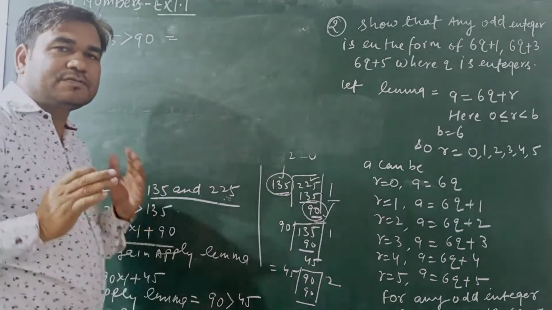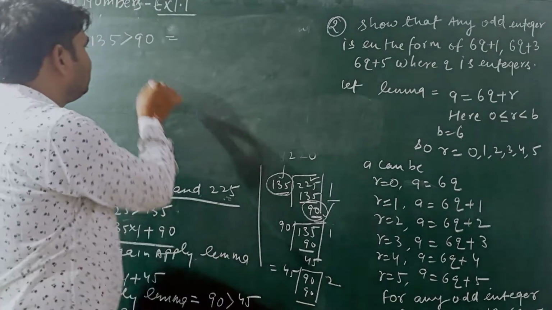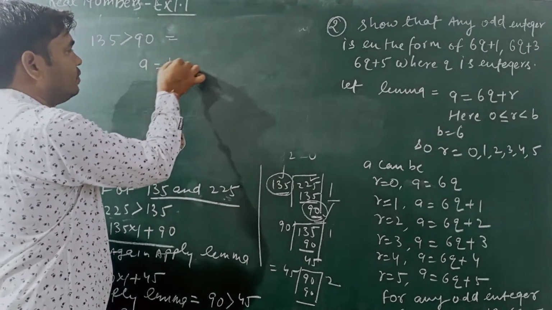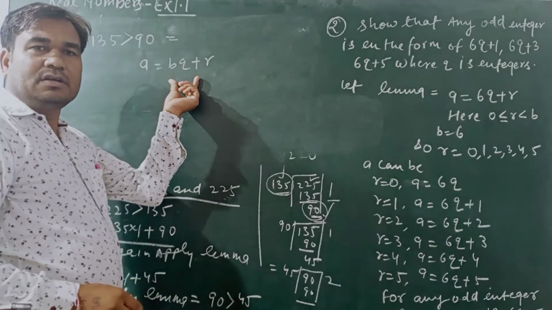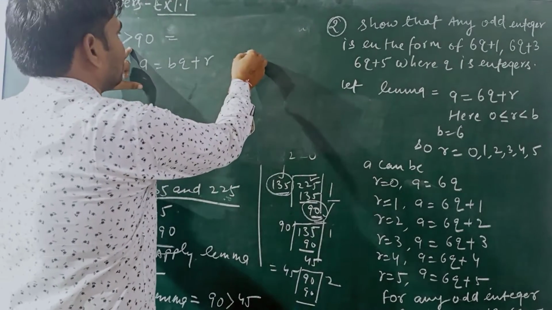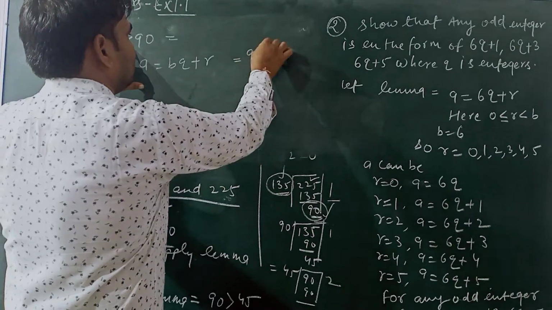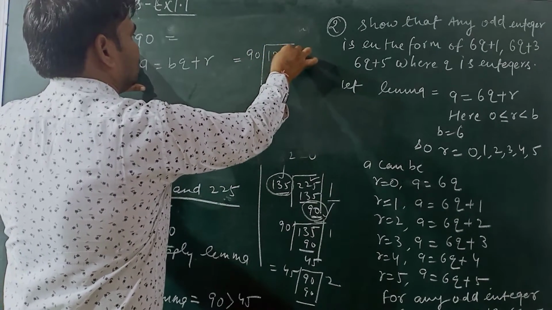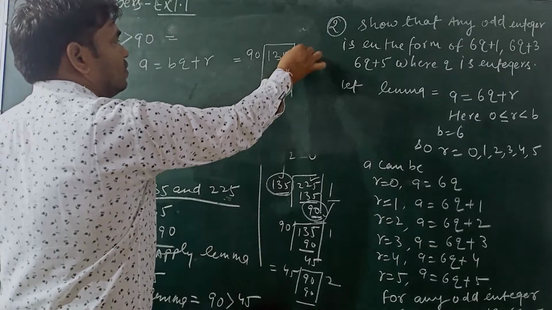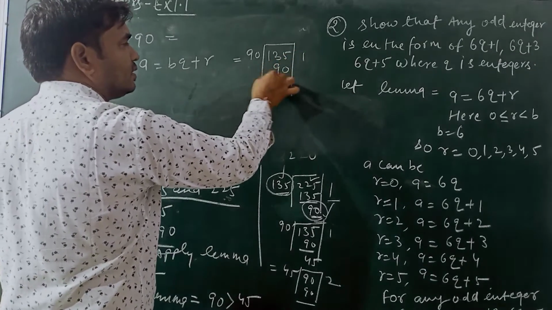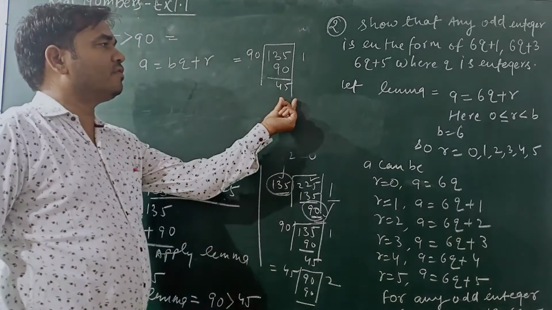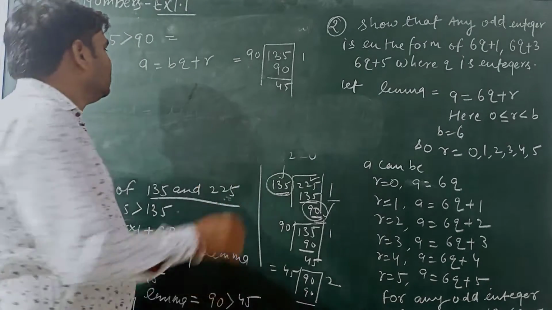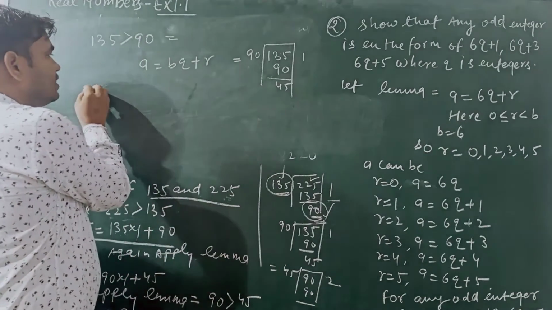We have to satisfy the lemma a equals bq plus r. Here we take 90, which divides 135 one time, and the remainder we get is 45.